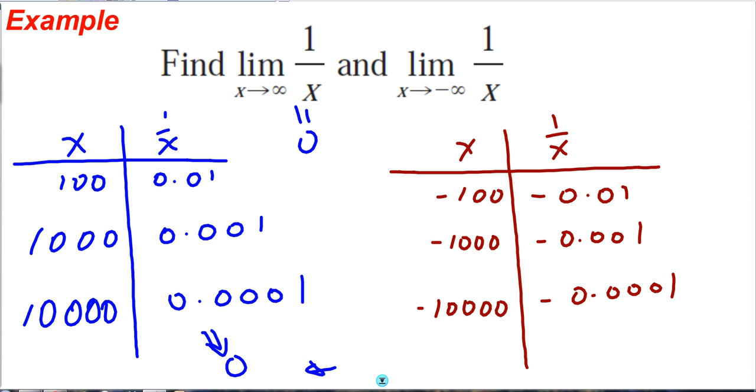So we see that it is also getting close to 0 from the negative side, because negative 0.0001 is close to 0 from the negative side. So this is also 0.